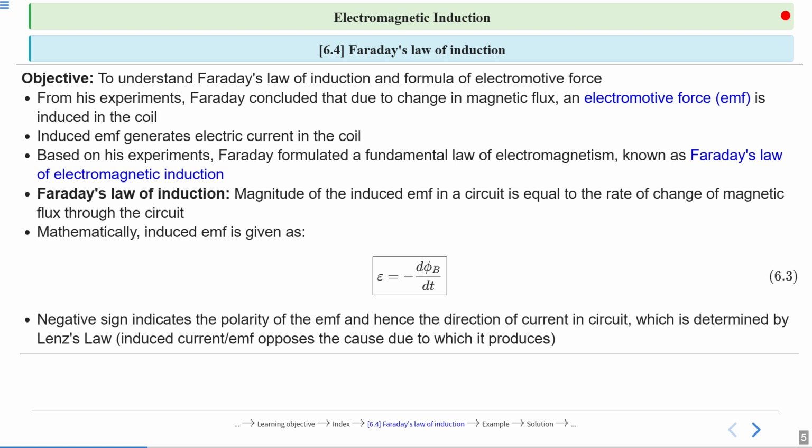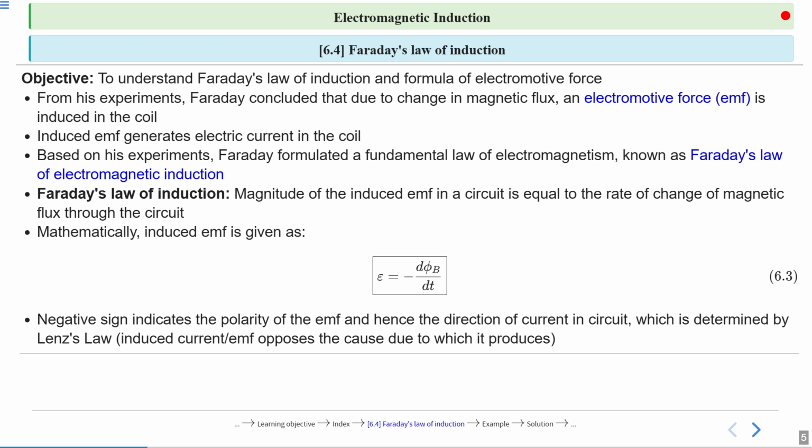Due to the relative motion of the magnet or current carrying coil, EMF is induced, and this EMF will oppose that relative motion. How it will oppose that relative motion, we are going to discuss in Lenz's law, which determines it. In Lenz's law, we are going to discuss how that induced EMF or current is going to oppose the cause.